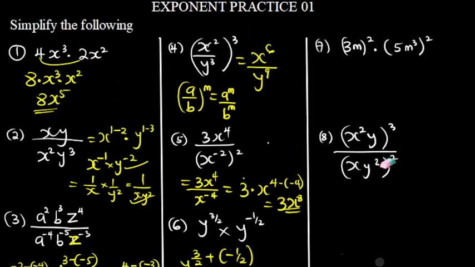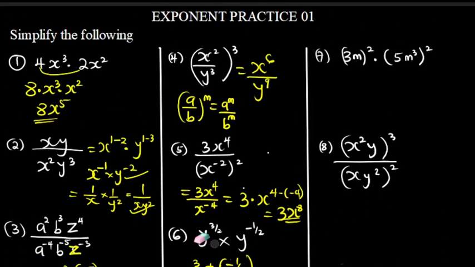Then for number 7, this is 3m all to the power of 2, then 5m cubed all to the power of 2. Okay, now start by distributing these 2 over what we have here.